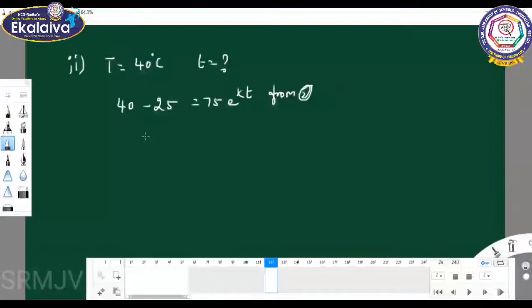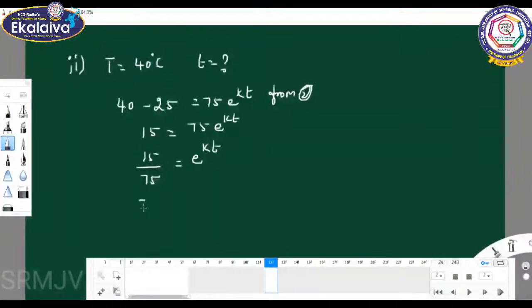So 15 equal to 75 e power kt. 15 by 75 equal to e power kt.